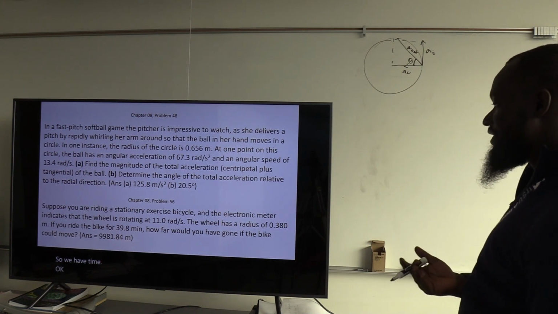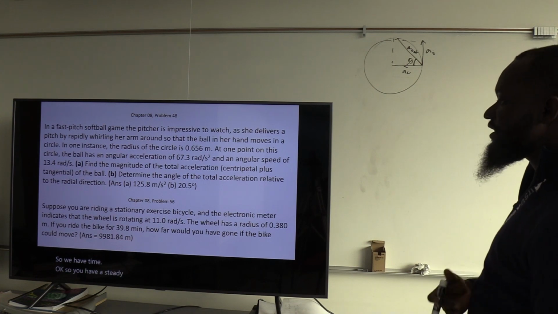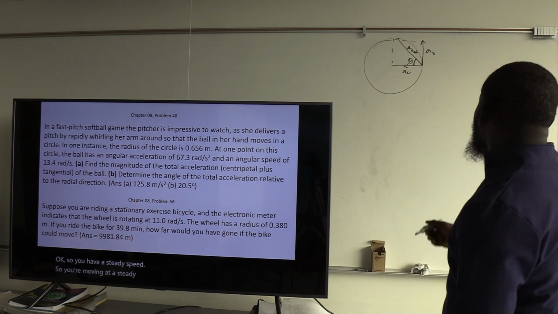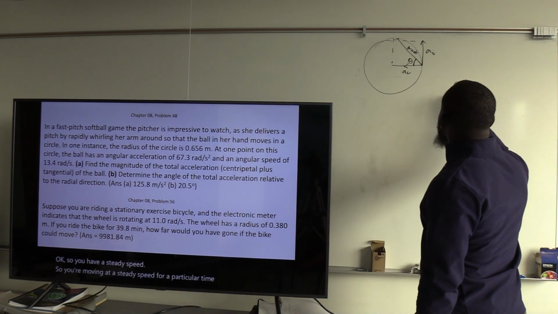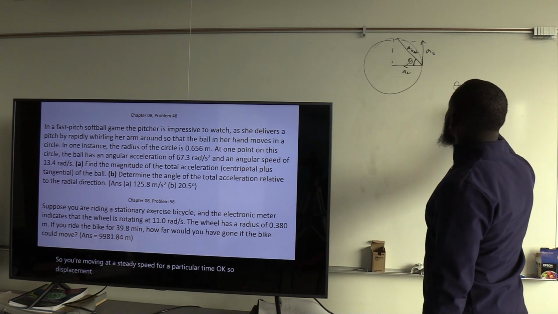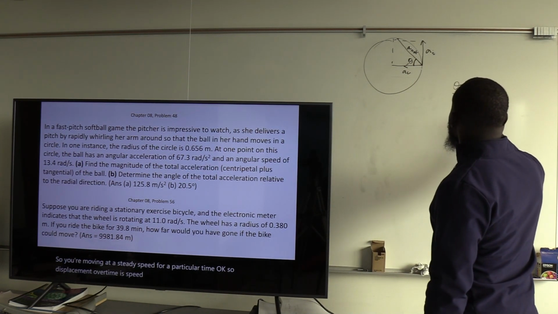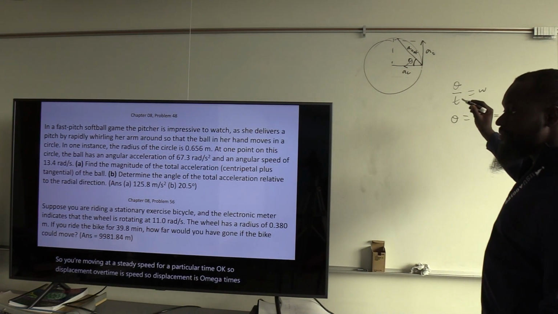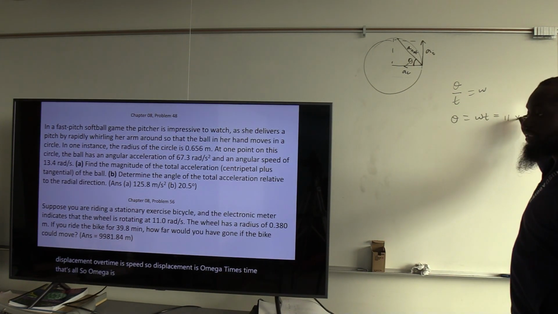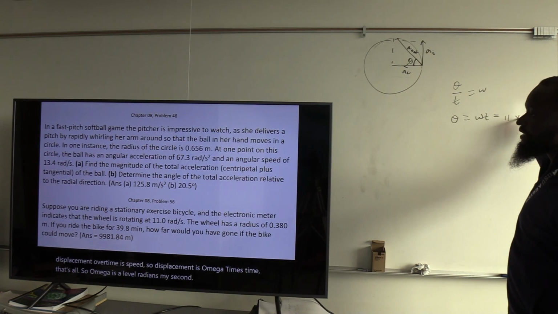Okay, so you have a steady speed. So you're moving at a steady speed for a particular time. Okay. So displacement over time is speed. So displacement is omega times time. That's all. So omega is 11 radians per second times the time, 39.8 minutes.